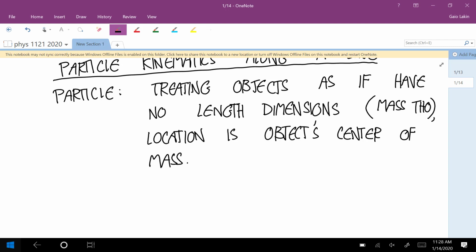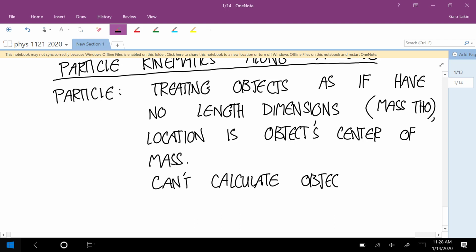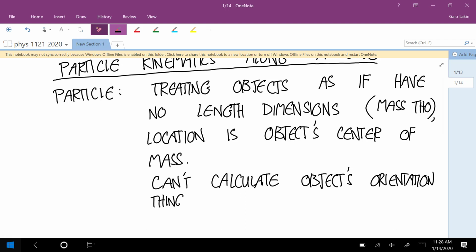Okay, but you can't calculate an object's orientation this way. So you can track where it goes, but you can't track which way it's facing.